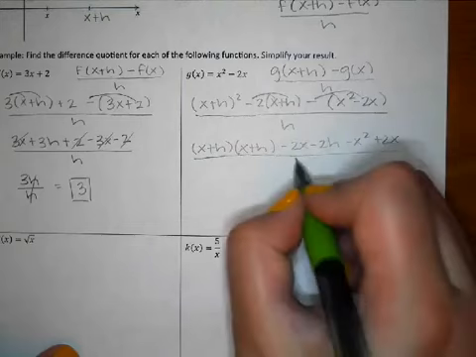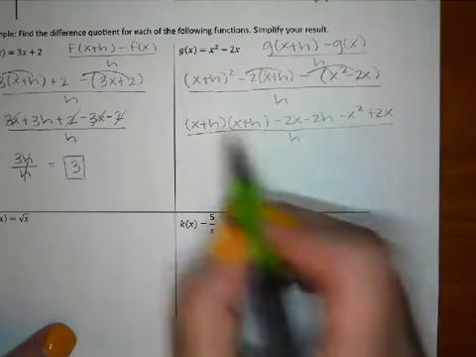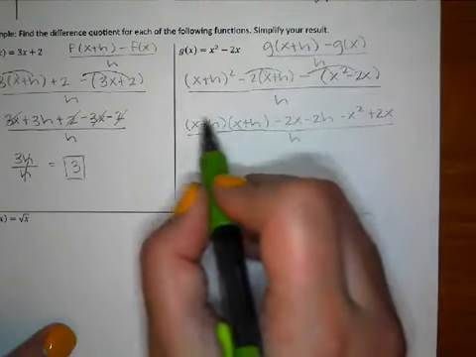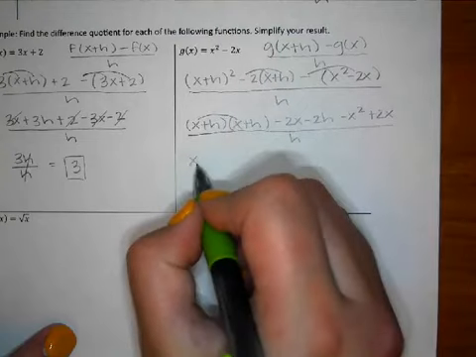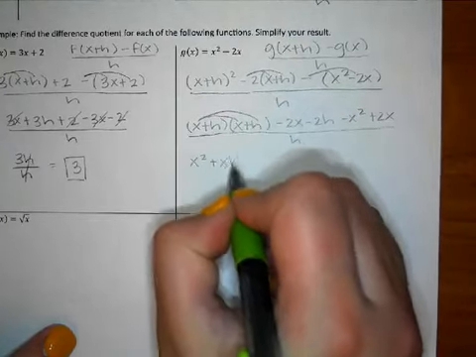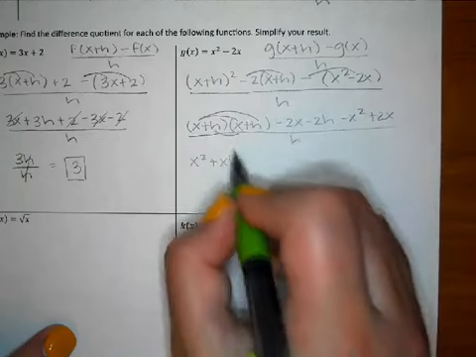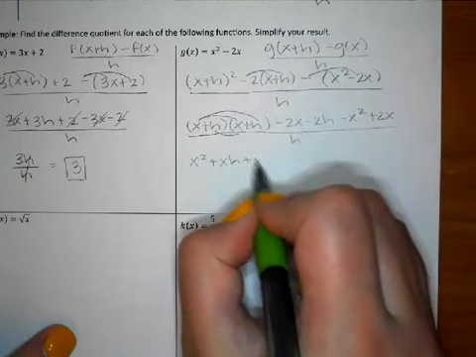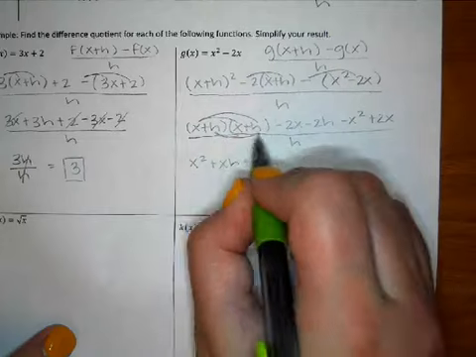Okay? And now I can go ahead and multiply this out. I have x squared plus xh plus, that's another xh, plus h squared.